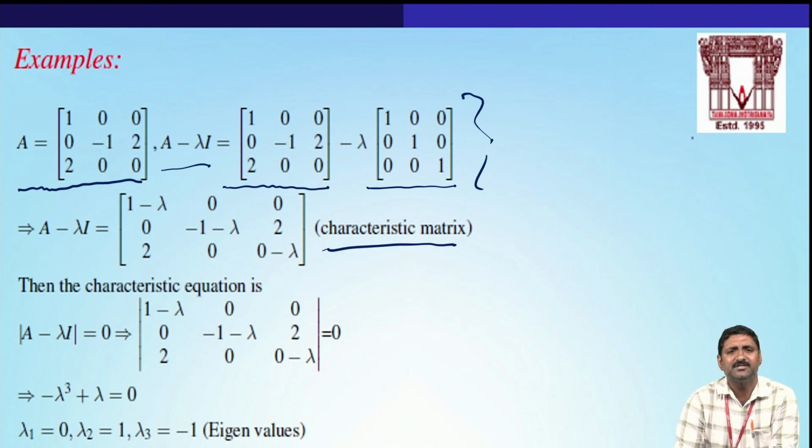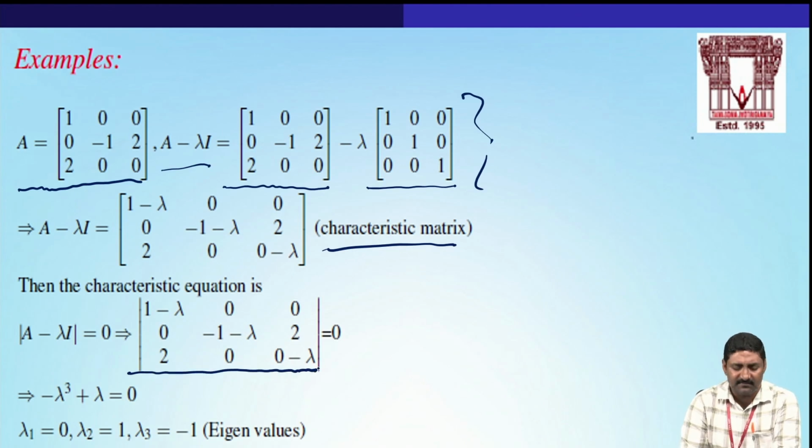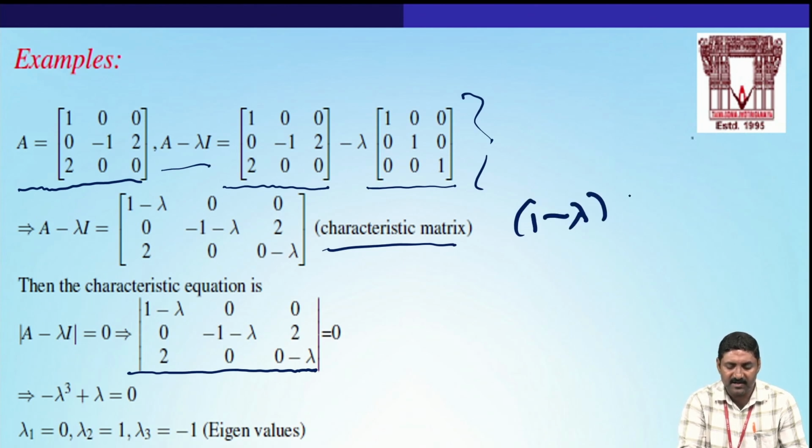Now our aim is to find the characteristic polynomial. Just by finding the determinant of the characteristic matrix, we will get the characteristic polynomial. Now find the determinant of the characteristic matrix. Here we will write this as 1 minus lambda multiplied by minus 1 minus lambda, minus lambda.